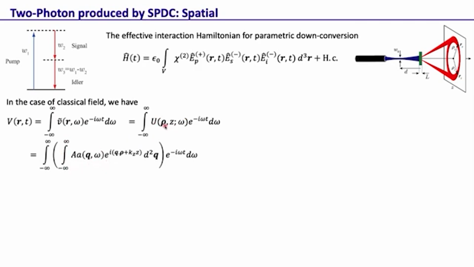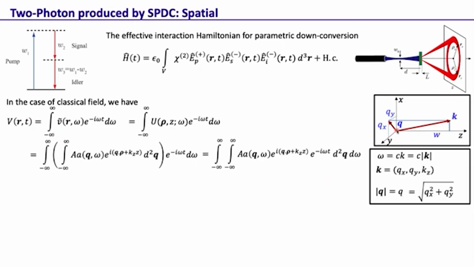Rho is the two-dimensional vector, and we go to the two-dimensional spatial frequency domain and write u(rho, z) in this manner. So finally we can write V(r,t) in this manner. Z still remains there, but we have introduced frequency space and also the two-dimensional spatial frequency space. So this is how we expand a classical field.